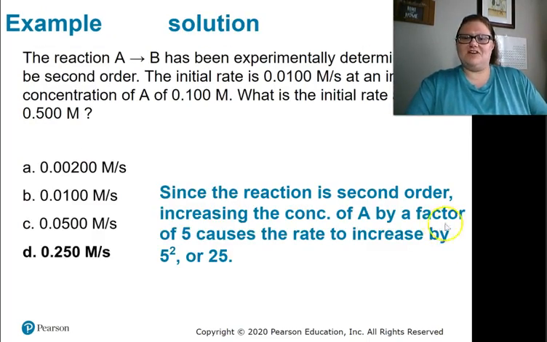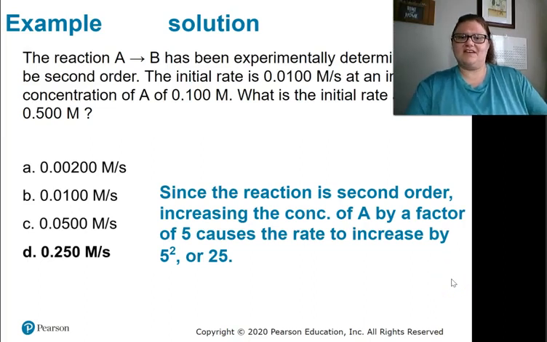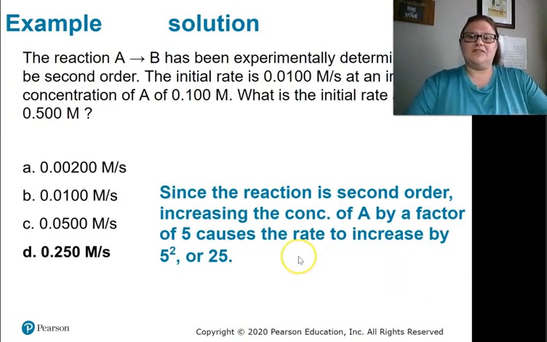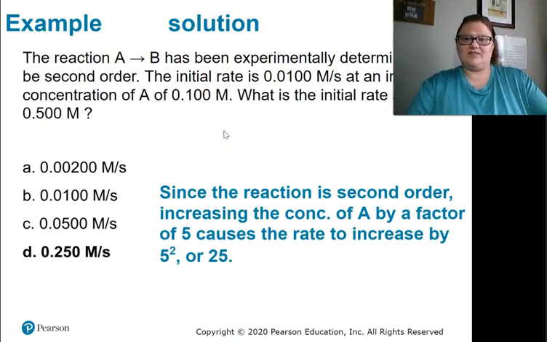All right, and so here's what we look at for this. Since the reaction is second order, that was the most important piece that they gave us. We look at the concentration now, and we're going to see what happens. We're told the initial rate is 0.01, and the concentration was 0.1.